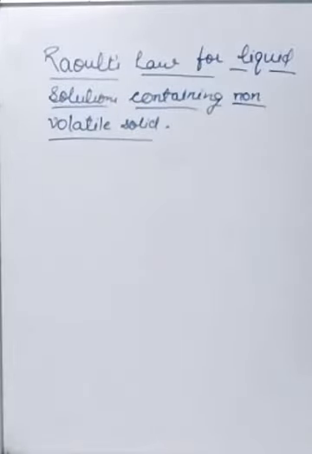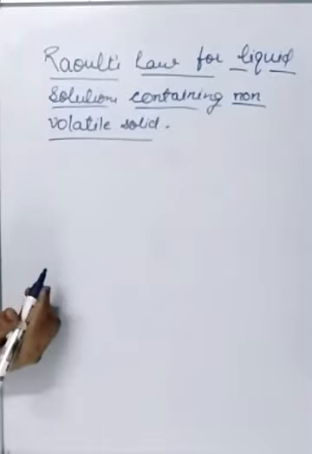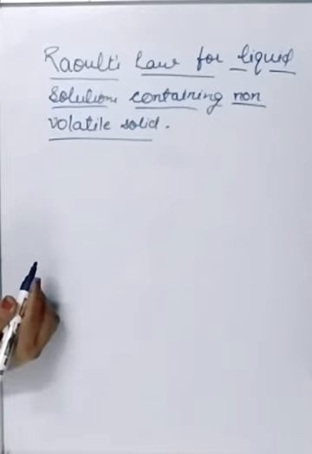We had seen as per Raoult's law that partial vapor pressure of a component in a liquid solution is directly proportional to its mole fraction. Okay? We had seen this thing. And one more thing we should remember from the last concepts, that vapor pressure for a liquid solution containing non-volatile solute is only due to volatile component, that is solvent. What are the two things?